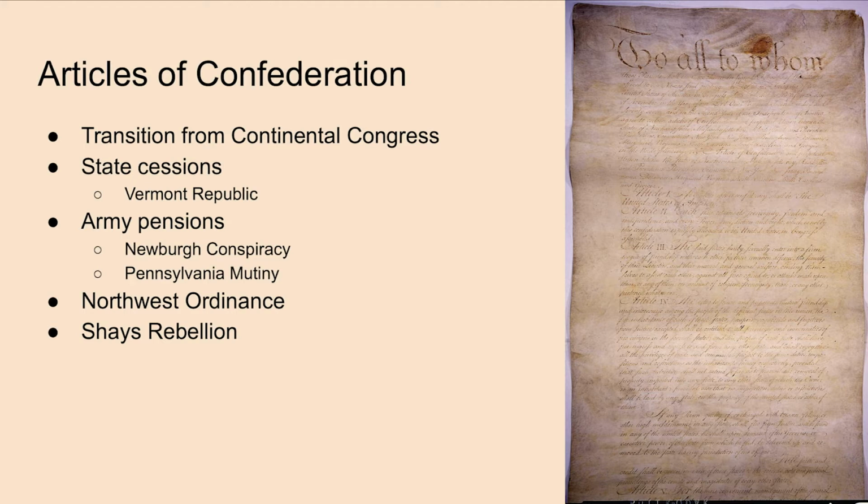It also says that for Indians on said territory, the utmost good faith shall always be observed towards the Indians. Their lands and property shall never be taken from them without their consent, and in their property, rights, and liberty they shall never be invaded or disturbed unless in just and lawful wars authorized by Congress.